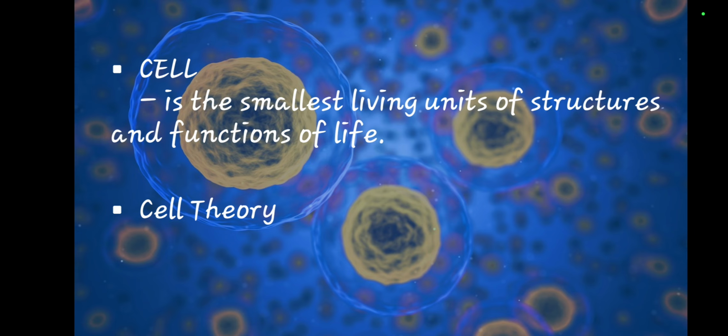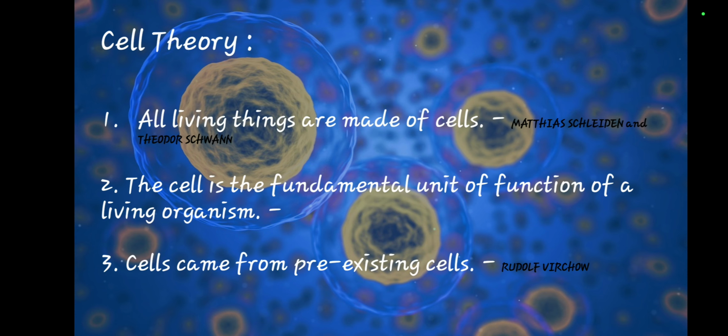Along the way, in the study of the cell, they came up with a theory called the cell theory. There are different persons behind the statements in the cell theory. Number one, it says that all living things are made up of cells.